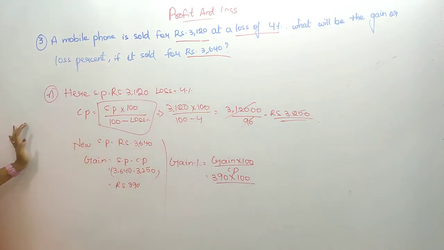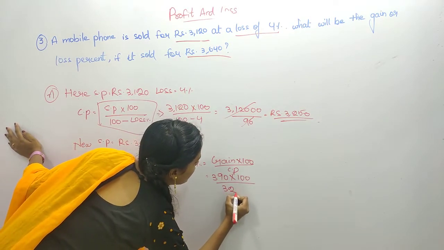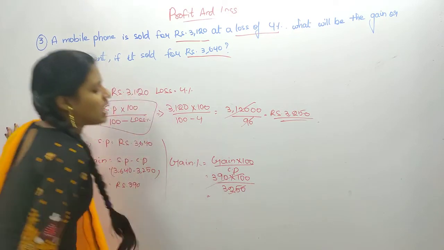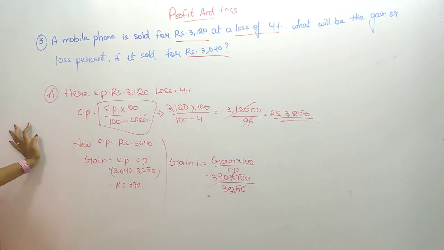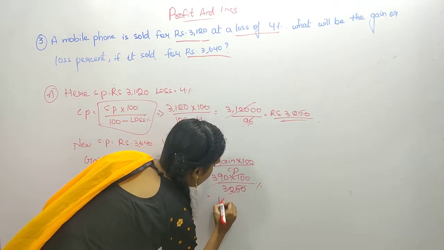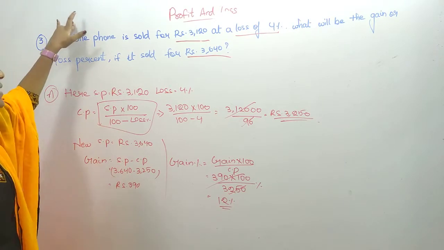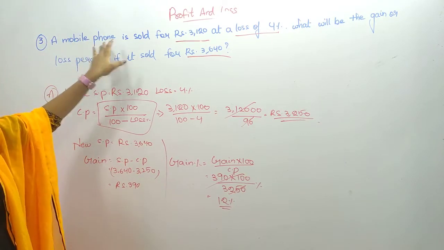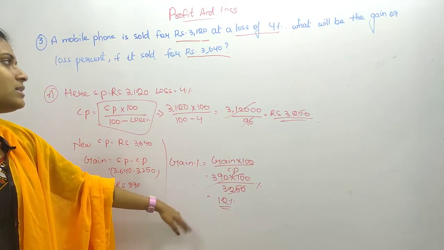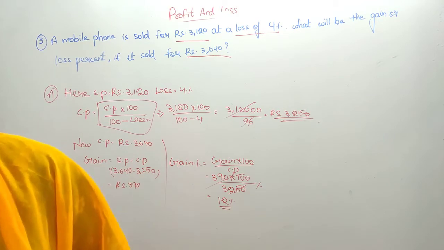Cost price, how much? We got 3,250 rupees. By doing the cancellation, what answer will we get? 12%. Gain percent is equal to 12%. If a person sold the mobile phone for this much, he would get a gain of 12%. Okay, finally found it. Next we solve the next question.